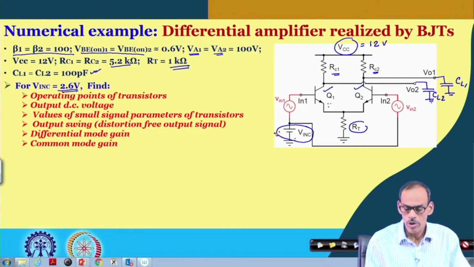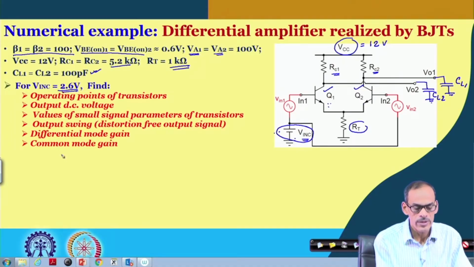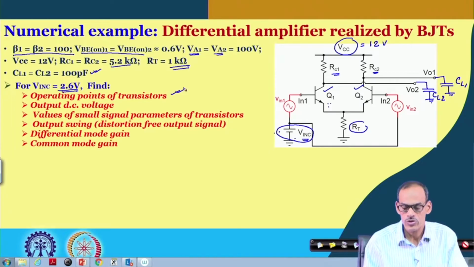With this 2.6 volt of VinC, let us find the operating point of the transistors, considering Q1 and Q2 identical. How do we proceed?